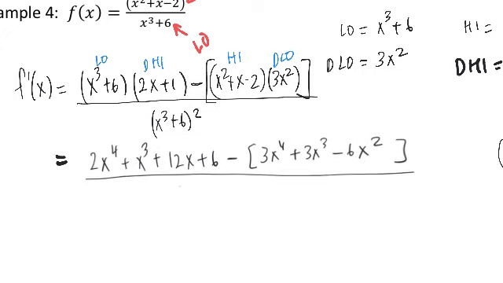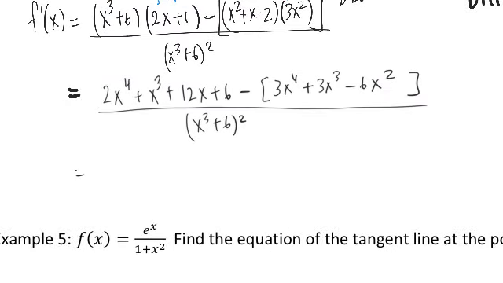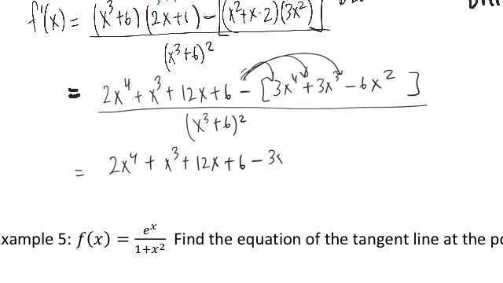And it's all over x cubed plus 6, the quantity squared. Okay, so now the top, you have to distribute that negative sign. It's a very common mistake to not properly distribute this negative sign. When you distribute it, we're going to get this, okay?